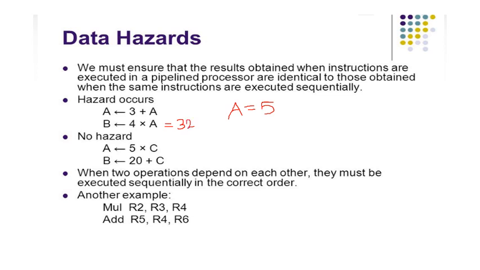But if they are performed concurrently, the value of A used in computing B would be the original value, 5, leading to an incorrect result.